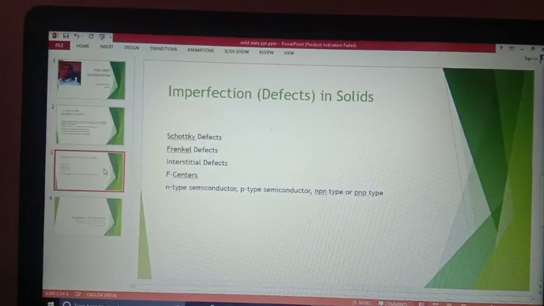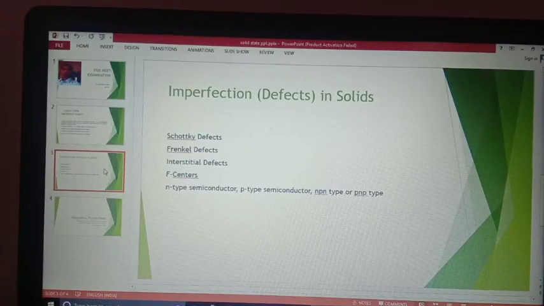Next point is imperfection, that is, defects in solids. There are different types of defects: Schottky defect, Frenkel defect, interstitial defect, and F-centre defect. One example I am explaining is the Schottky defect, where an atom or ion is missing from its lattice site. The vacancy created is termed a Schottky defect.